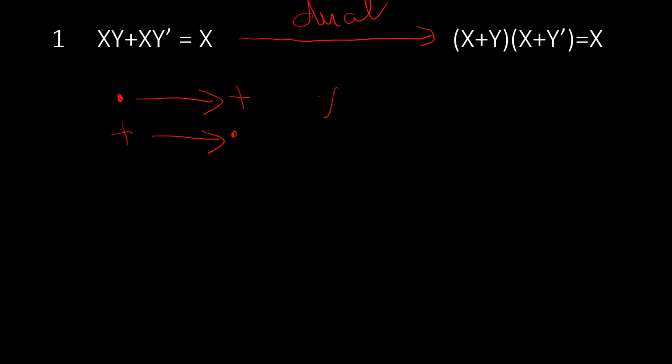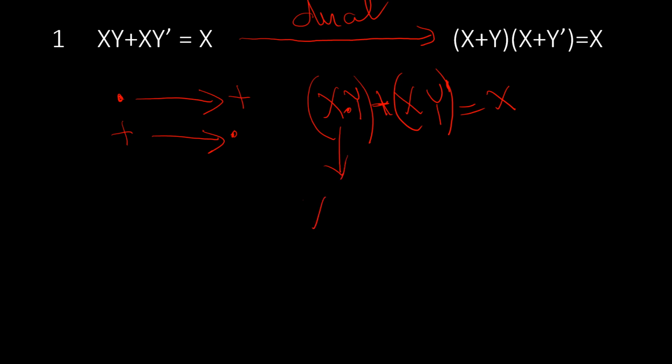So I have x ANDed with y, or x ANDed with y complement, is equal to x. How can we get the dual? Here I have the AND operation, and I have this term ORed with this term. So between the two terms I have the OR operation. In the first term I have x ANDed y, so x ANDed y will be x or y. And this OR operation will be AND.